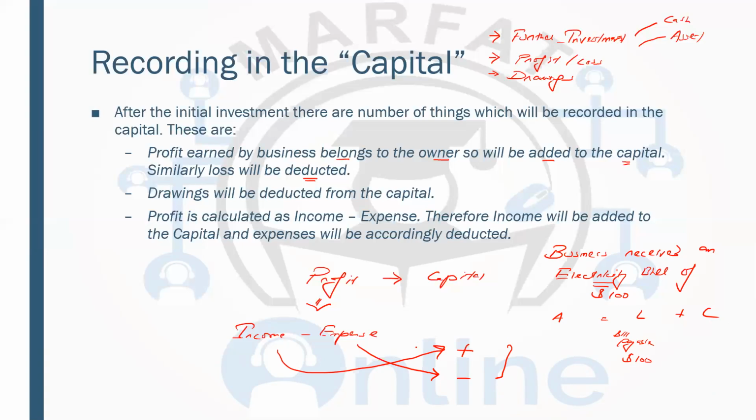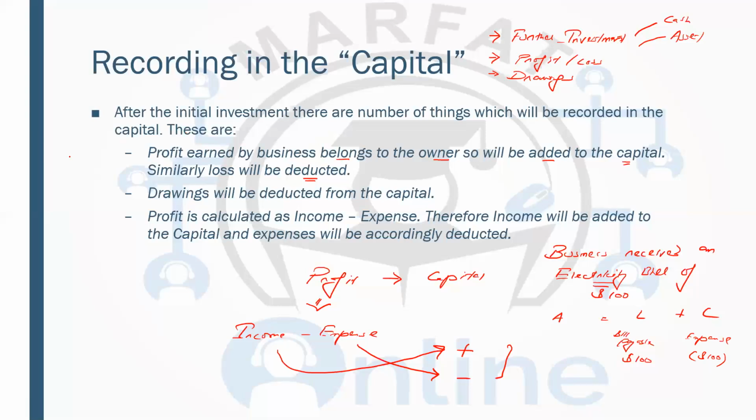Now, as I told you, an expense will be deducted from the capital. So you will write the expense and this amount will be deducted from the capital. So the two aspects are the liability is increasing, and the expenses are increasing, which are ultimately recorded in the capital, and the capital is being reduced by that expense. So this is the thing you need to remember.